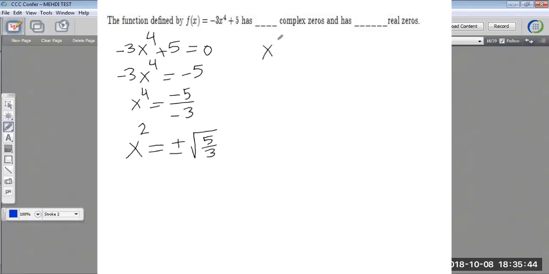So x squared is equal to the square root of 5 over 3, or x squared is equal to minus the square root of 5 over 3.